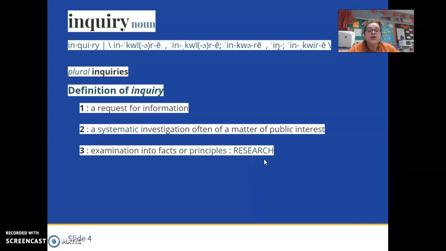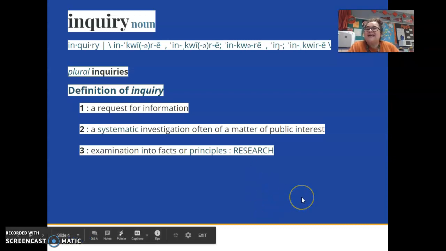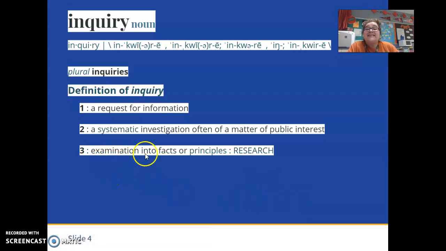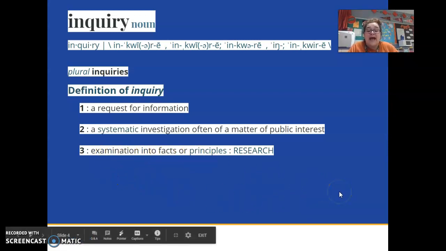Again, not just who was part of that war, but why were they part of that war? What did they do that was significant? Why do we talk about them when we look back at this war? What were the decisions that they made that made them a notable figure? So we always within our notes want to inquire, to ask, get more information, examine the facts, find out why.